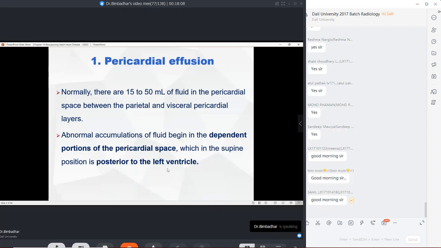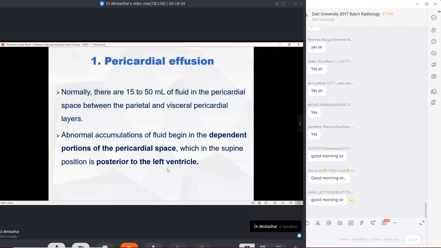it has got enough space, increased area for the expansion of the heart, because the left ventricle on the posterior side requires more expansion. The presence of the left ventricle is more onto the posterior side rather than on the anterior side. I think you should have known about this anatomy beforehand.